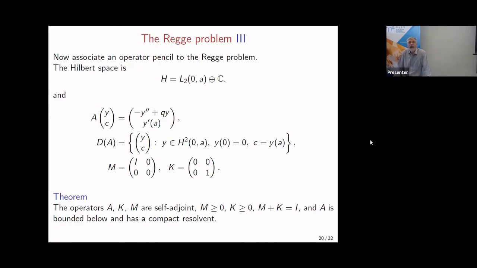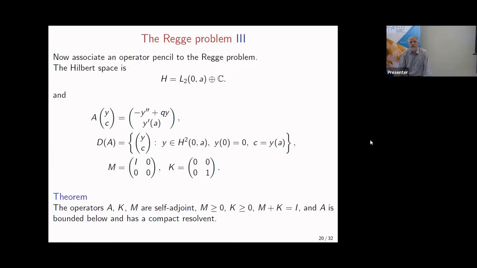And we have now 3 operators. The operator A in the first component is the differential operator. In the second component, C is mapped into y'(a). Of course, one must look at y and C in conjunction, so formally it does not depend on C there, but that does not matter.